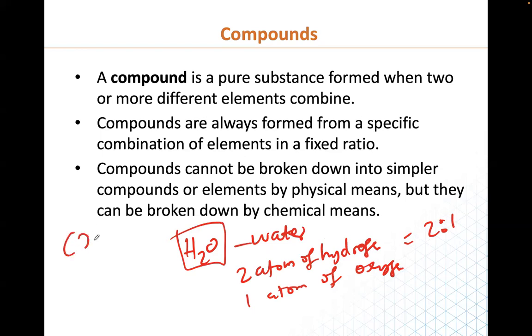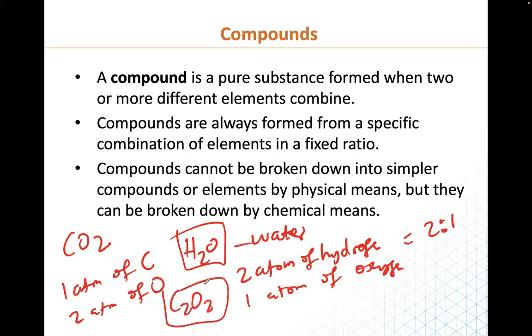Another example is carbon dioxide. It's formed with one atom of carbon and two atoms of oxygen. If you try to put C2O2, it's not going to give you this. If you try to put H2O2, it's going to be wrong.